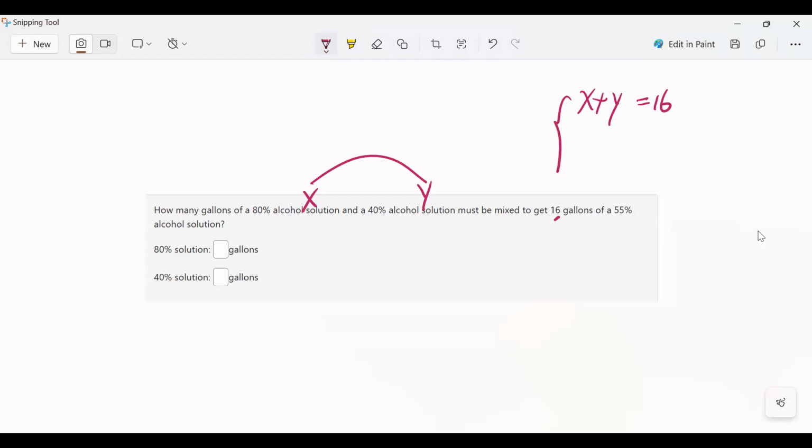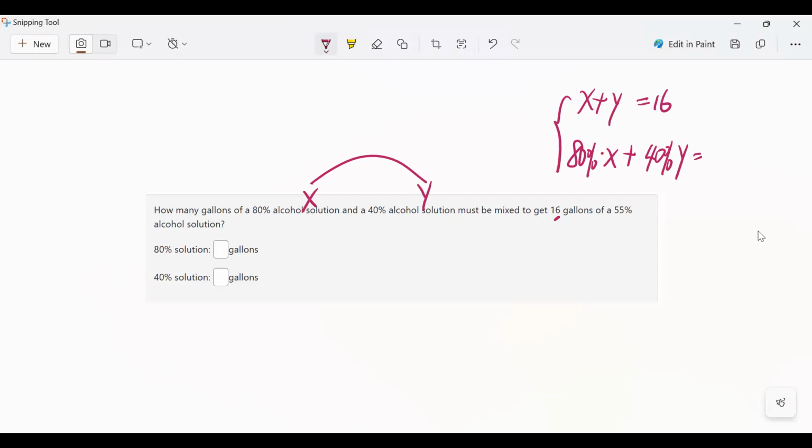And also, we want to figure out the actual amount of alcohol, right? So you multiply 80% by x, you get alcohol from the first type, for the first set of the solution. And then also, if you multiply 40% by y, you get the alcohol from the second type.